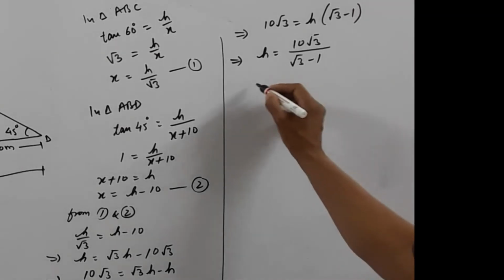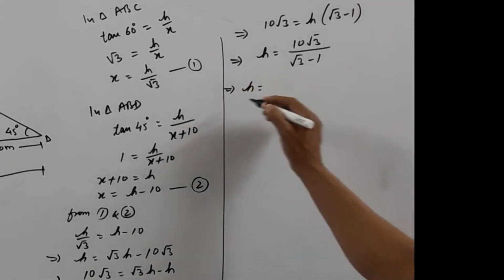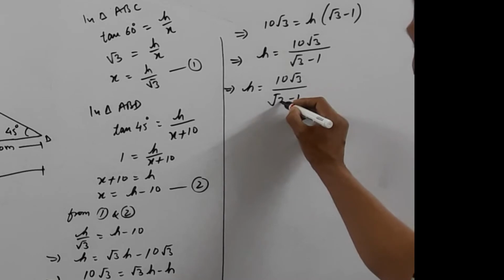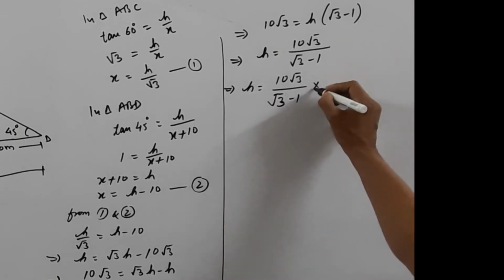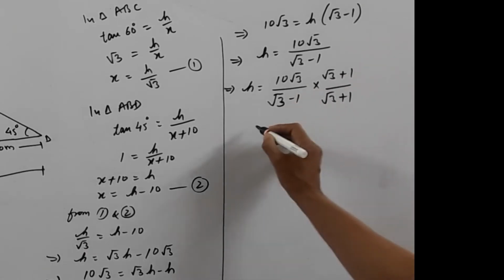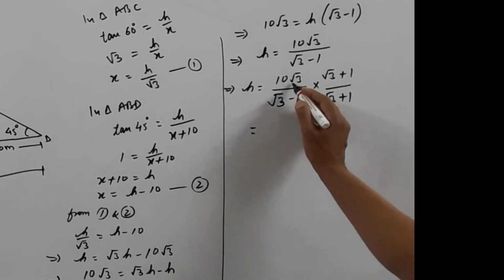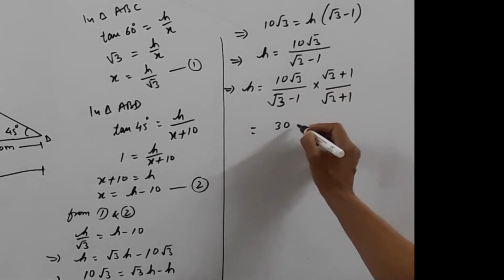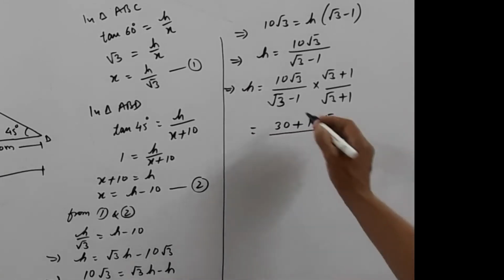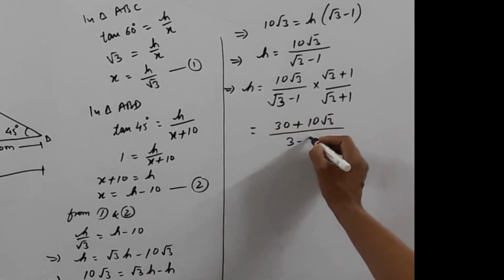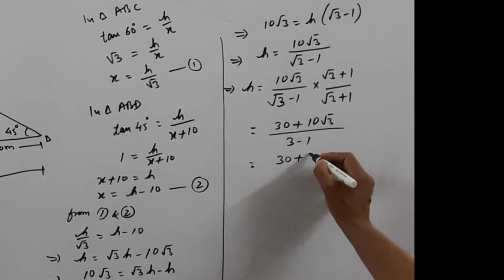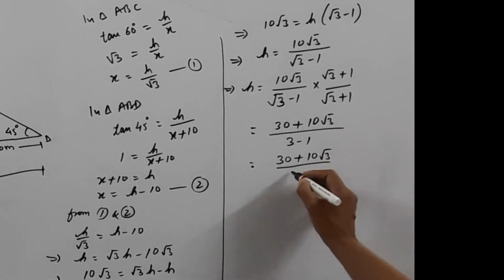We rationalize the denominator. h is equal to 10 root 3 upon root 3 minus 1 into root 3 plus 1 upon root 3 plus 1. 10 root 3 into root 3, that is 30, plus 10 root 3 upon a square minus b square, so 3 minus 1. So this is 30 plus 10 root 3 upon 2.